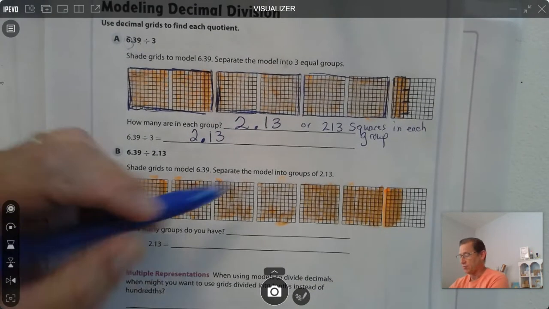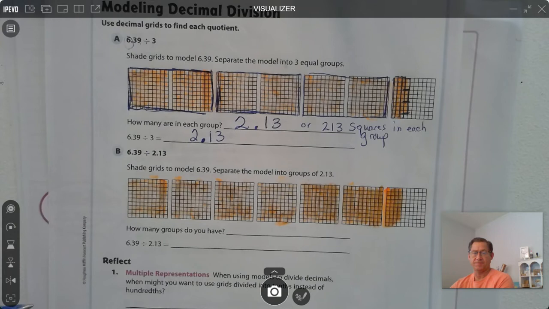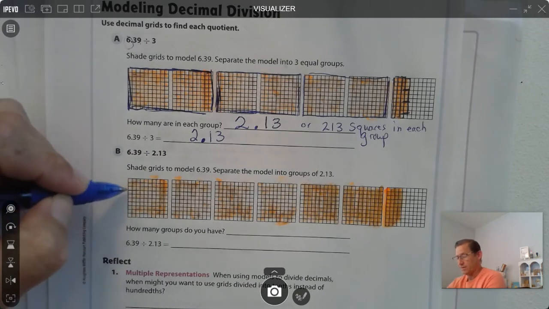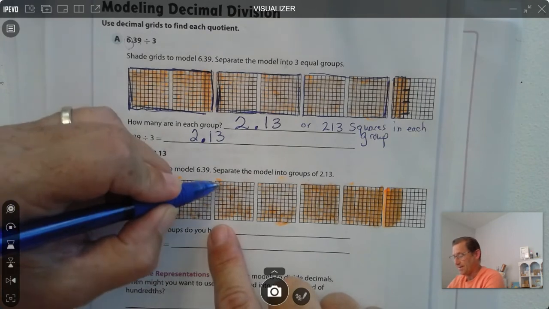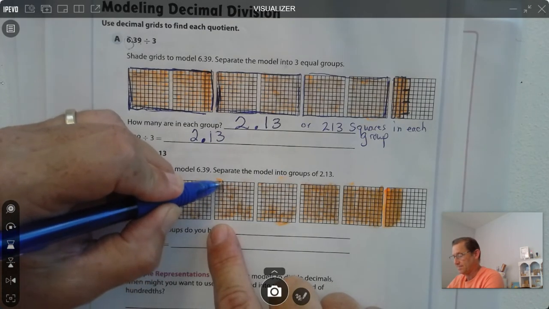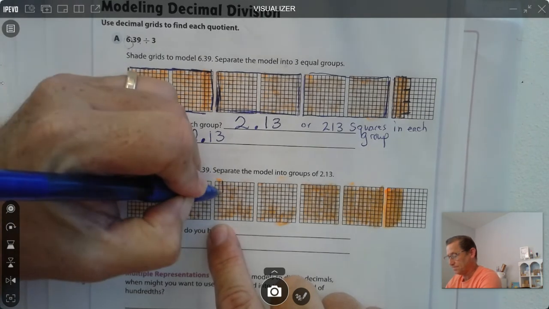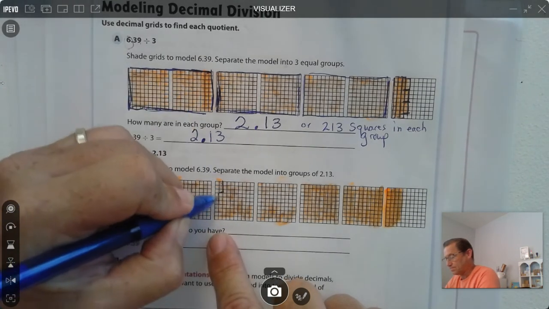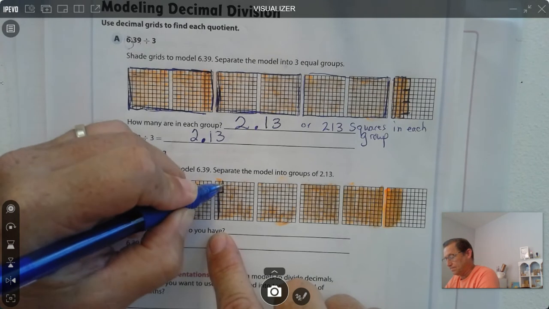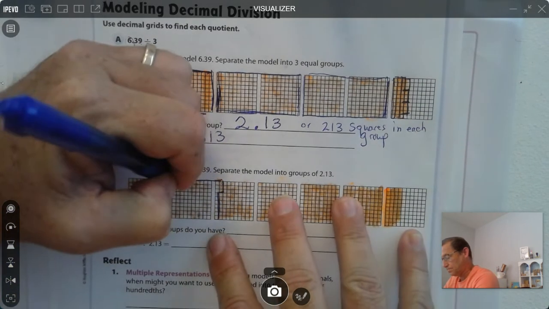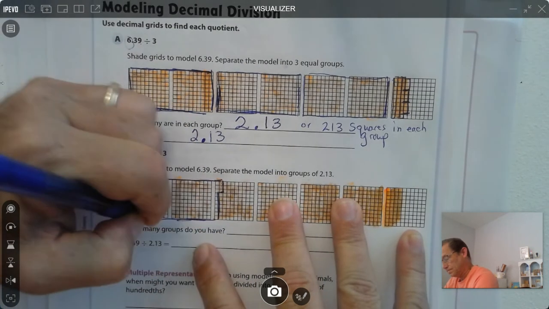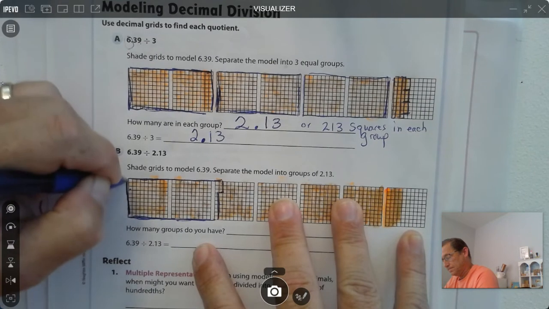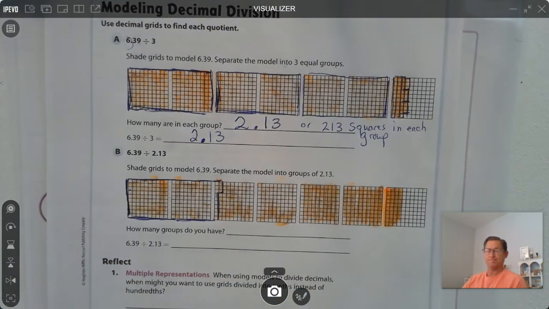And now we're going to split them into groups of 2 and 13 hundredths. All right, well, here's 1, there's 2, and then we count 13 hundredths. So 10, 11, 12, 13. All right, so 2 and 13 hundredths.